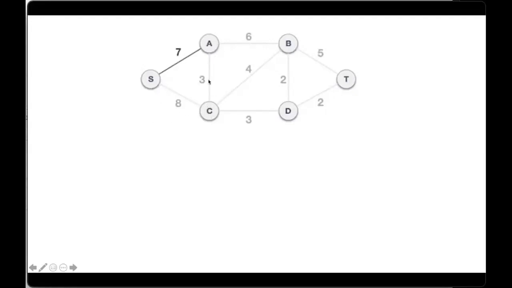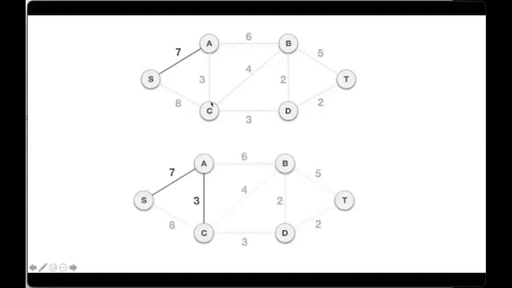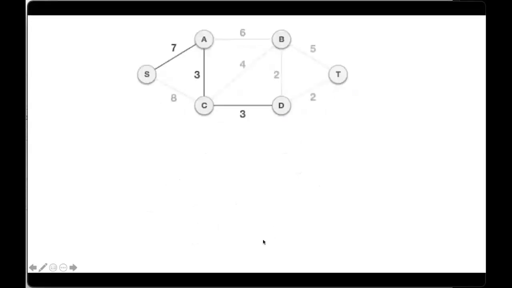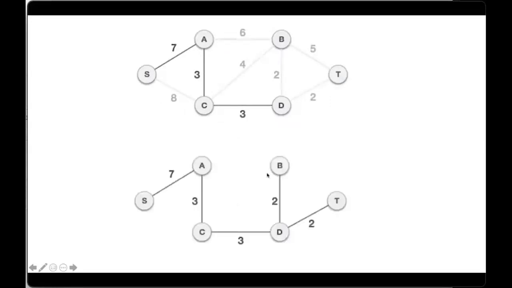Among these three edges, it will select the minimum cost edge, that is A to C. From any of these three vertices, S, A, C, whichever is minimum, it will select that edge, that is C to D. Again, from these four vertices, whichever is minimum, it will select that edge. We have two minimum edges, so it will select these two.